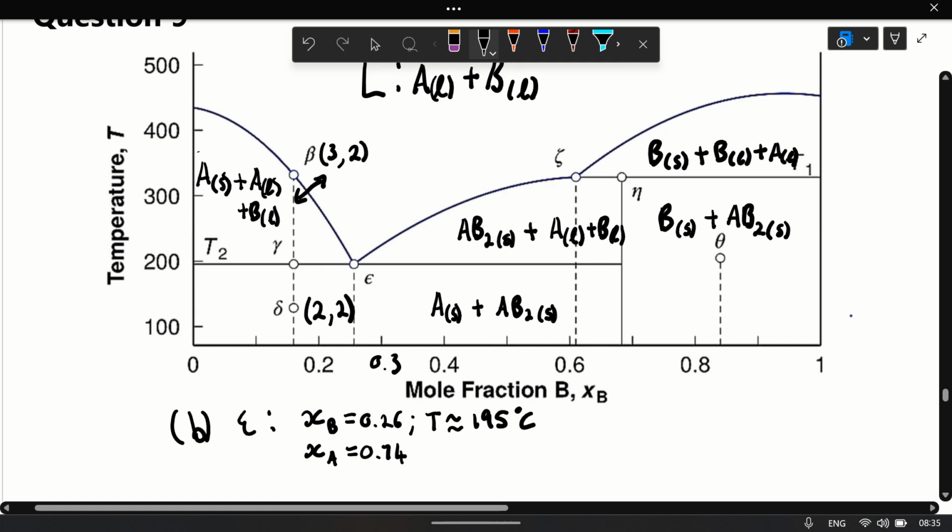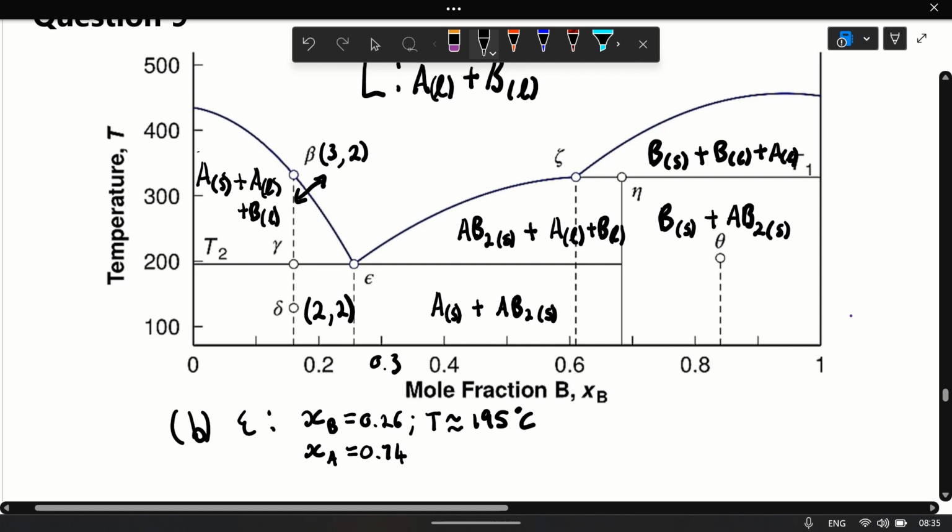So that means we have different solid state phases, and AB2 and A are two different solid phases in this same solid state. So we have two phases and two chemically distinct species. So we label it as 2,2.